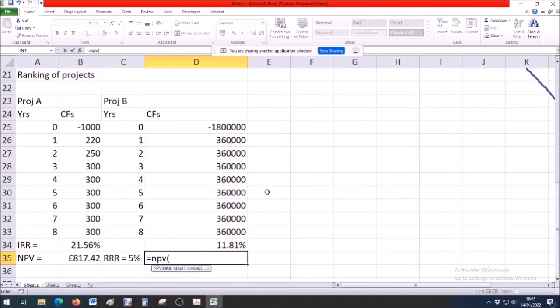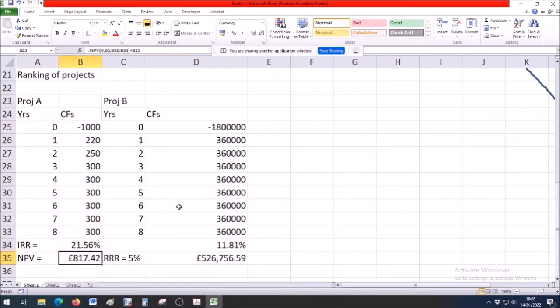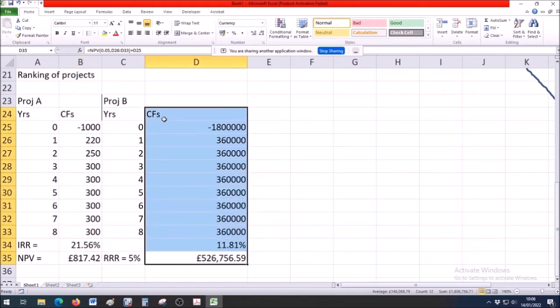Equals NPV, open the brackets, the rate, the positive values, 0.05, close the brackets, and add the original cash flow by hand. Okay, that actually looks better, you see? In project B, what I earn is $500,000. With project A, what I earn is $800. I think I prefer $500,000.